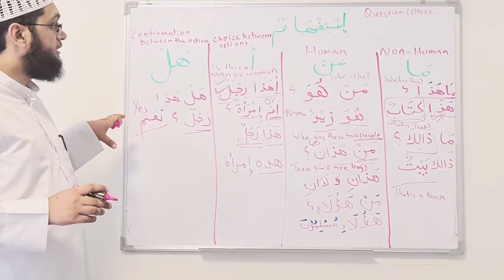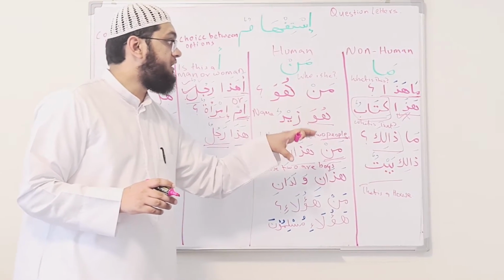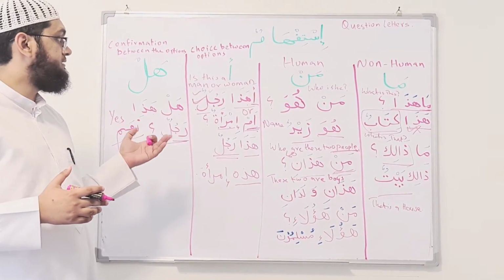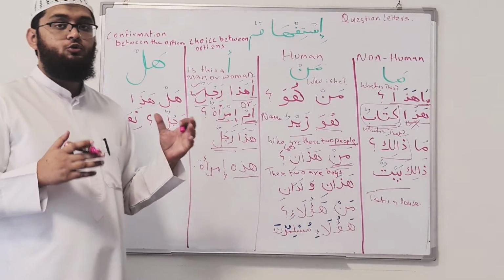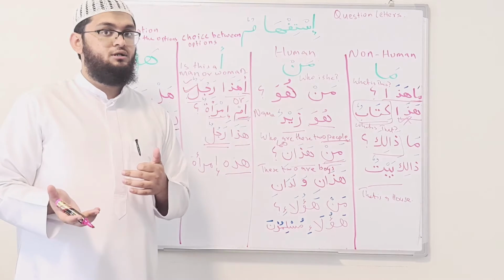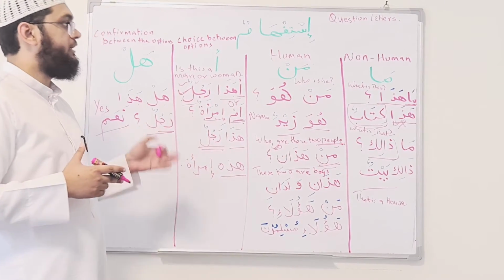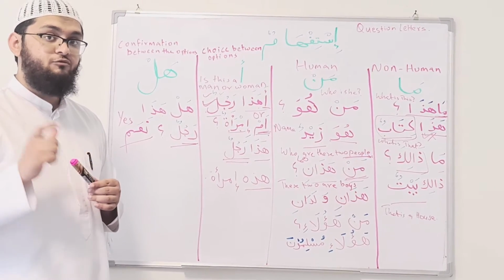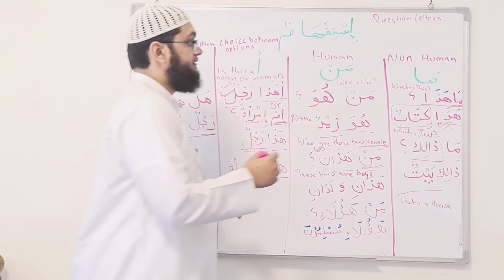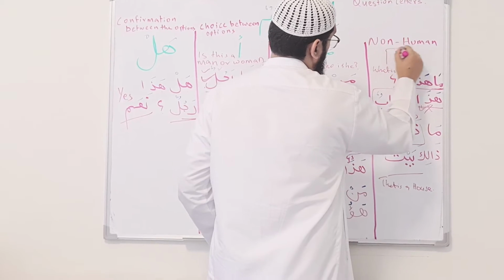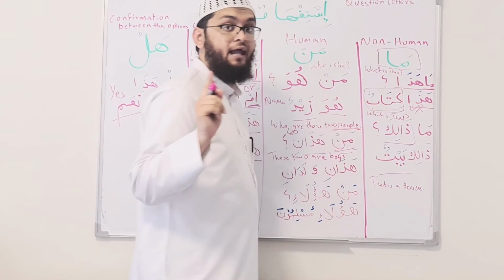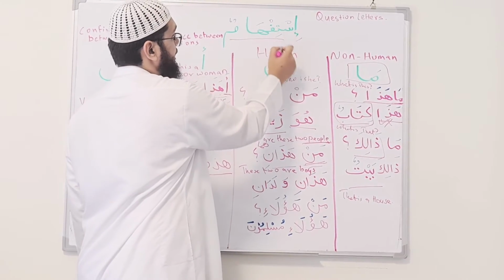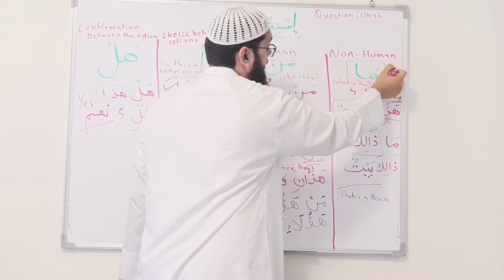So these are the four istifham, which are question words or question letters used in the Arabic language to ask questions. And they are very important because you will find them in lots of places. So wherever you find ma in the form of a question, because ma itself comes in 9 meanings. So istifham, that means question, is one of the meanings for ma.